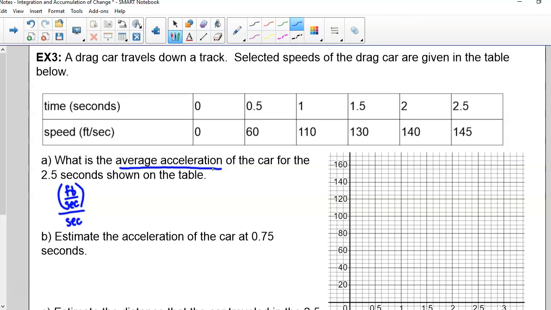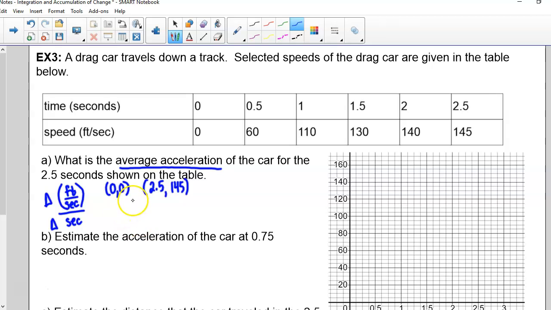So for acceleration, if we want average acceleration, we need to know the change in the feet per second over the change in the seconds. And we're going from 0 to 2.5 is what we're looking at here. So we're just really finding the slope between the point 0, 0 and 2.5, 145.